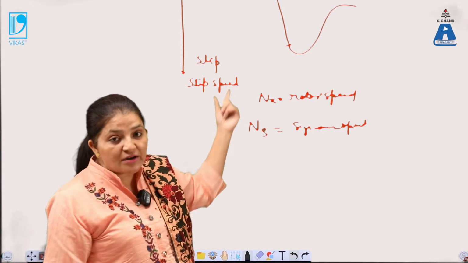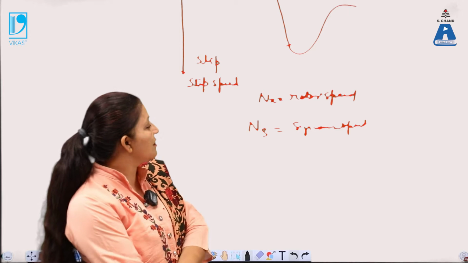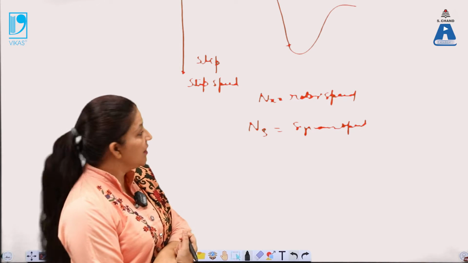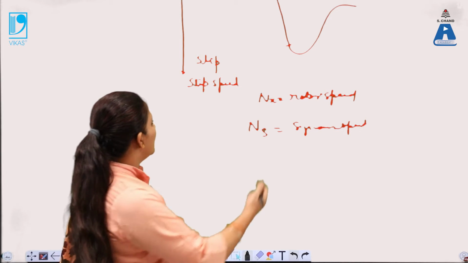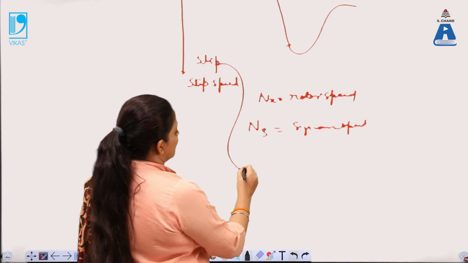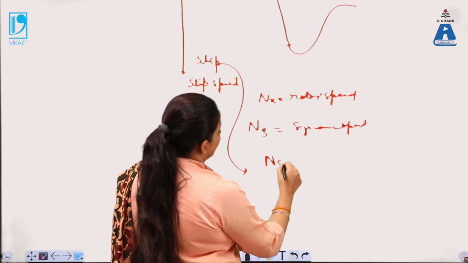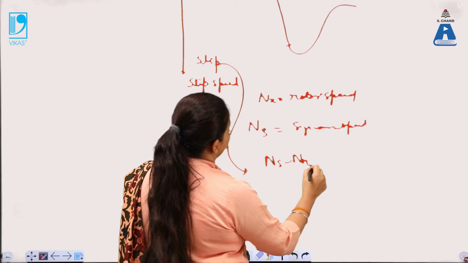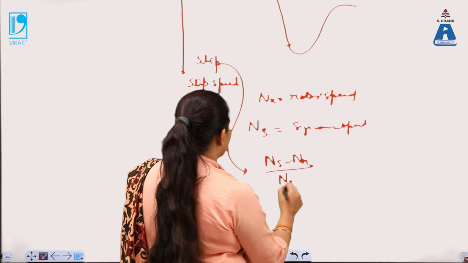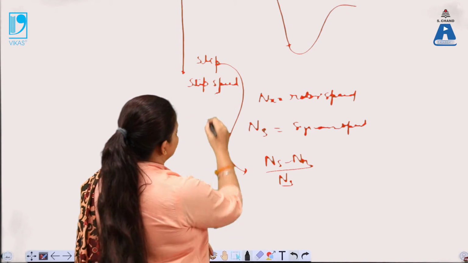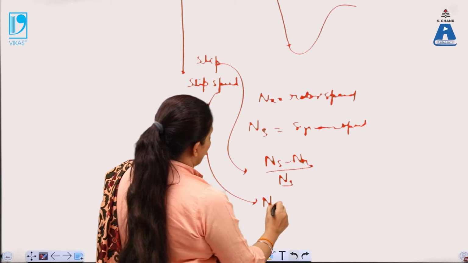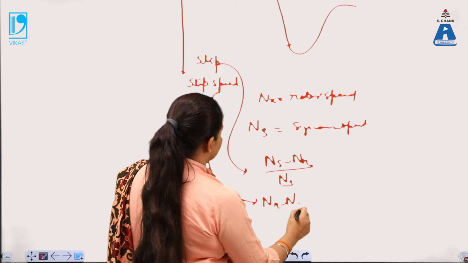Rotor, that is in the rotating mode. So if NR is the rotor speed and NS the synchronous speed, then slip is defined by this formula, that is equal to NS minus NR divided by NS. This is defined as the slip, and the slip speed can be given by NR minus NS.